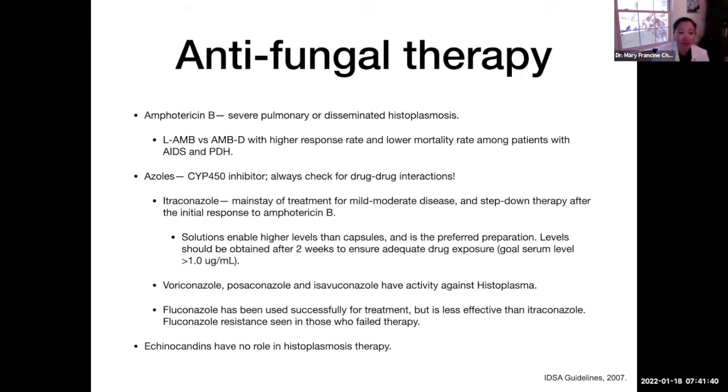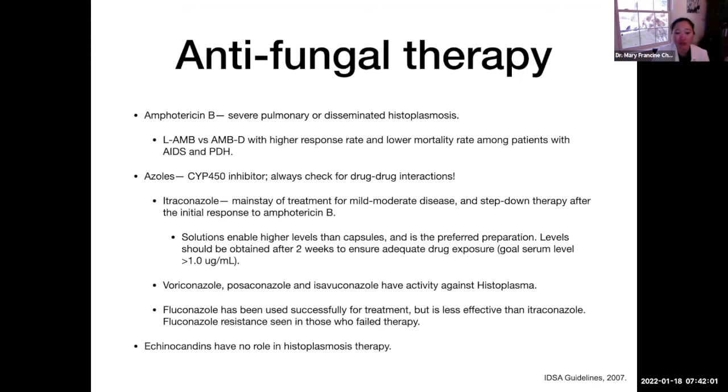But of either of those, if your patient has relatively low risk for nephrotoxicity, it won't be wrong to use amphotericin deoxycholate. And then you have your azole class. The gripe of every infectious disease doctor with your azoles is that they are CYP450 inhibitors.